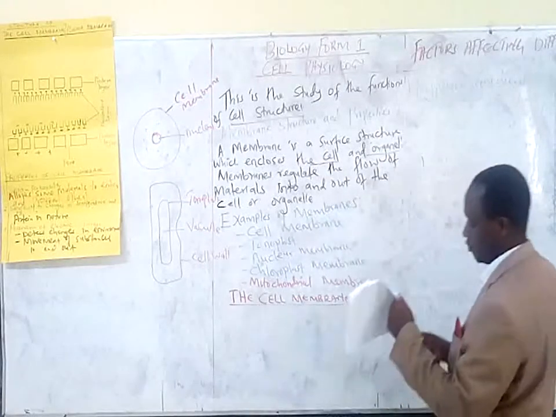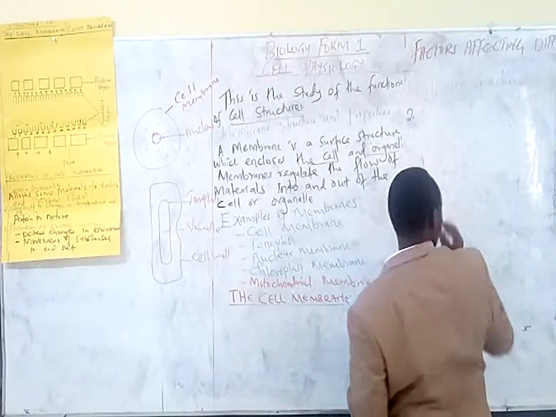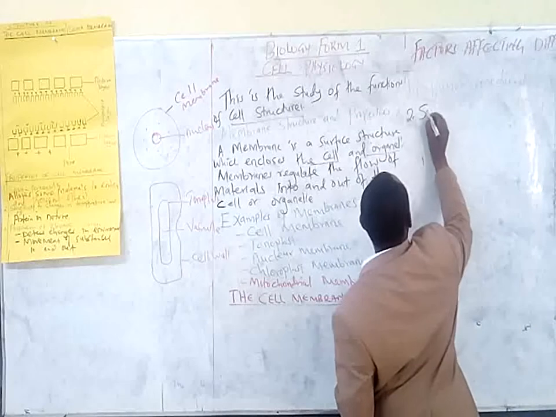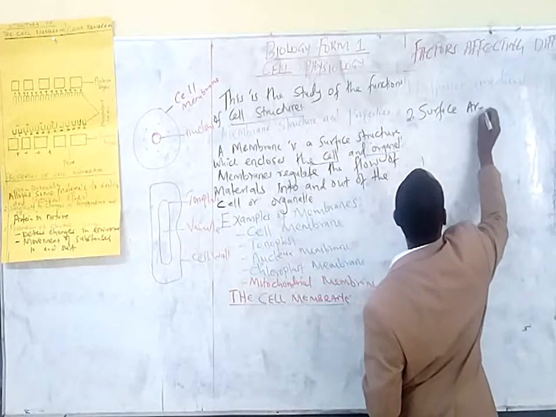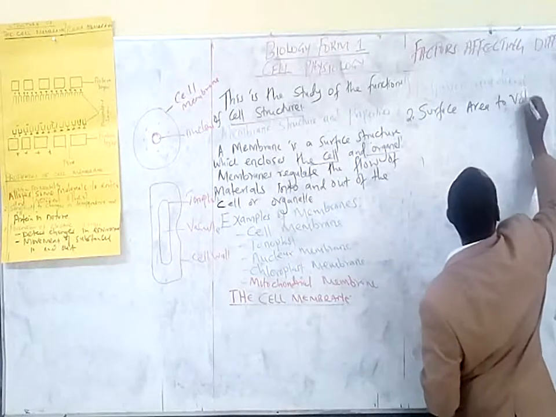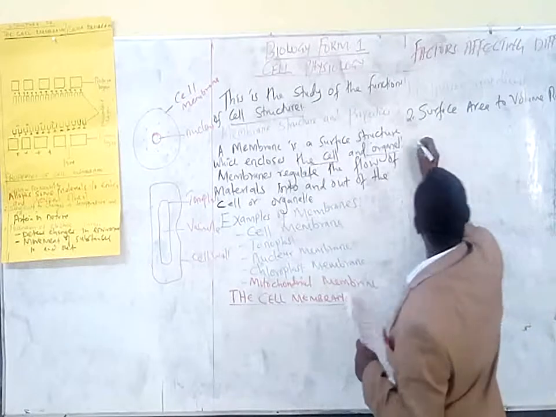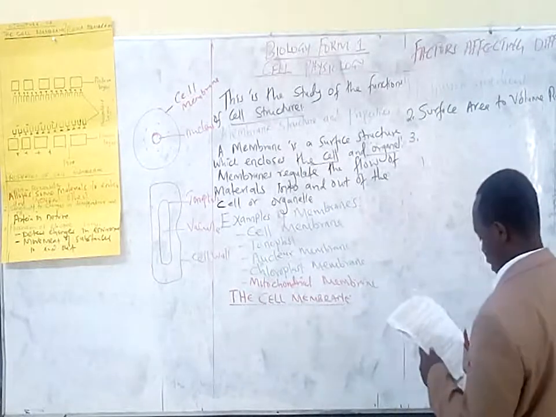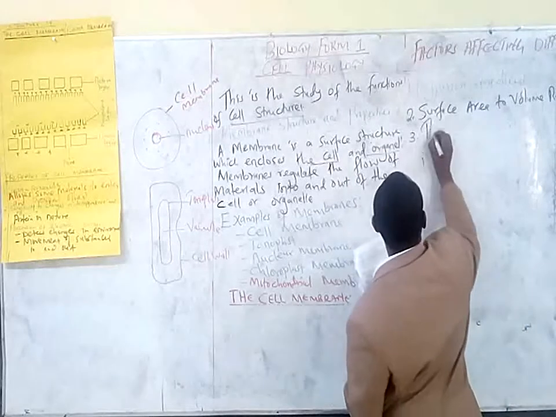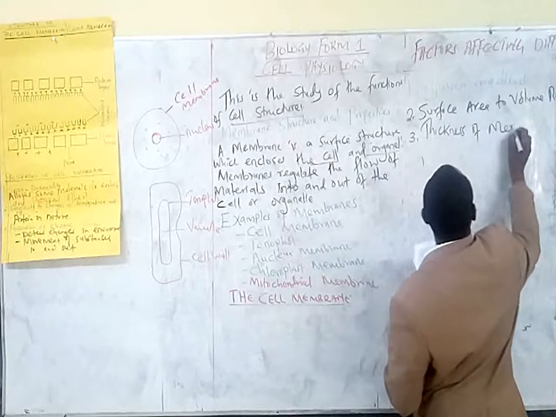Number two, we have surface area to volume ratio. Number three, we have thickness of the membrane.